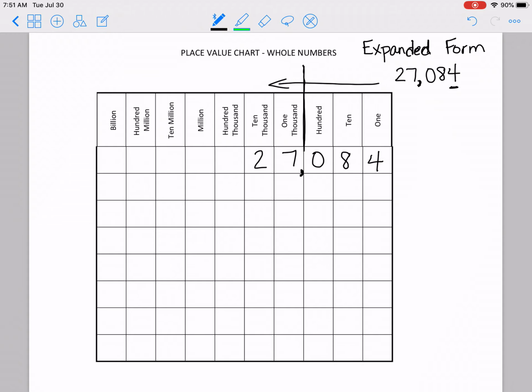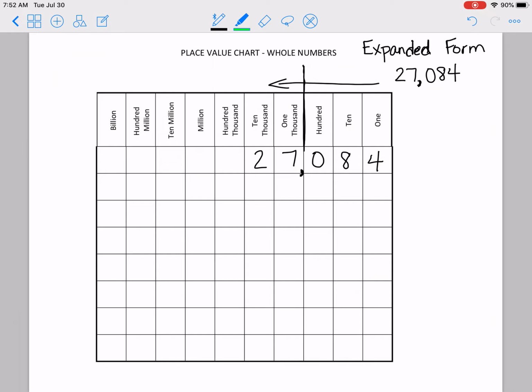So now I'm just going to look at the value of each digit. I can see now that my 2 is not just a 2, I have 2 ten thousands.